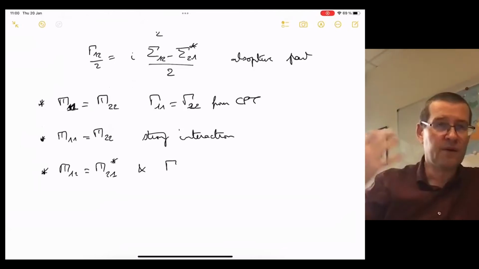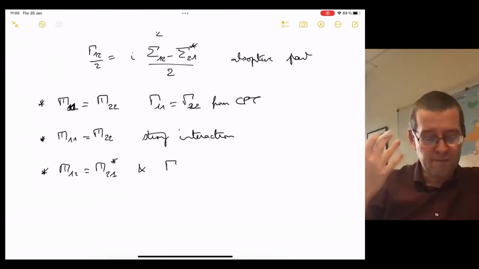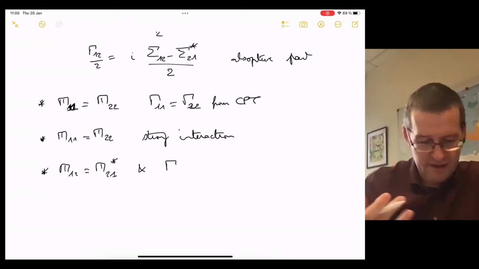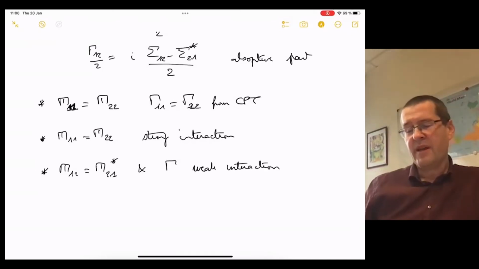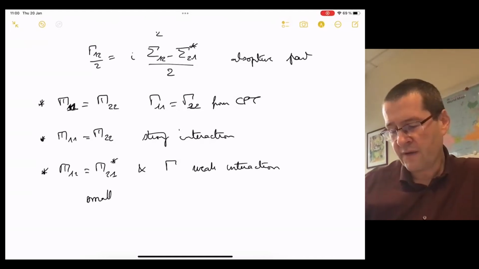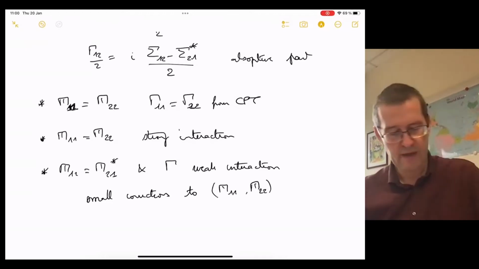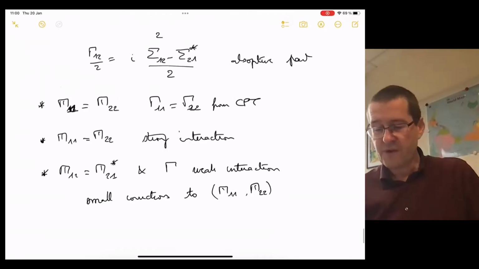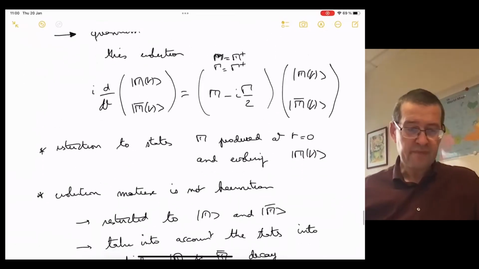I told you that we're considering states that are decaying also through weak interaction, mixing through weak interaction, decaying. So all that is related to weak interaction. So you can imagine that those will be small corrections to what is given by M11, M12, M22. Okay, so that's just to give you an idea of the physical content of this.